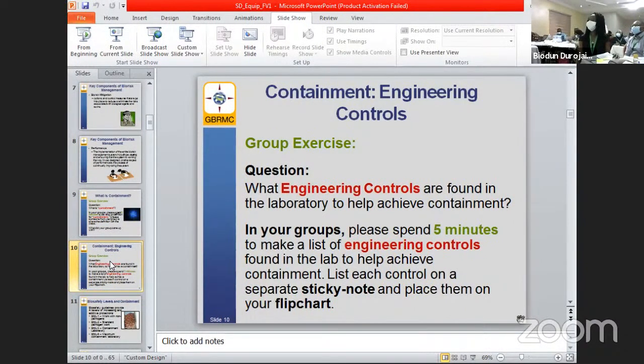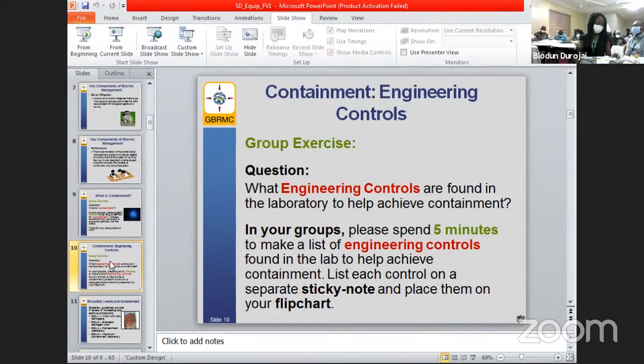We have our containment levels 1 to 4 on the basis of the agent that is handled and the complexity of work that is carried out in that facility.